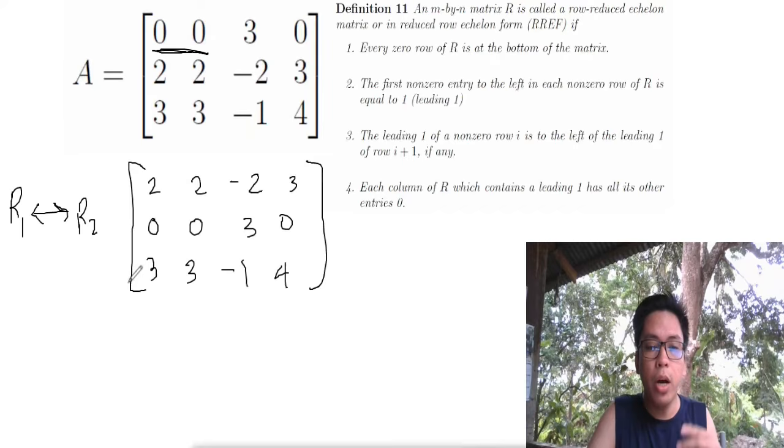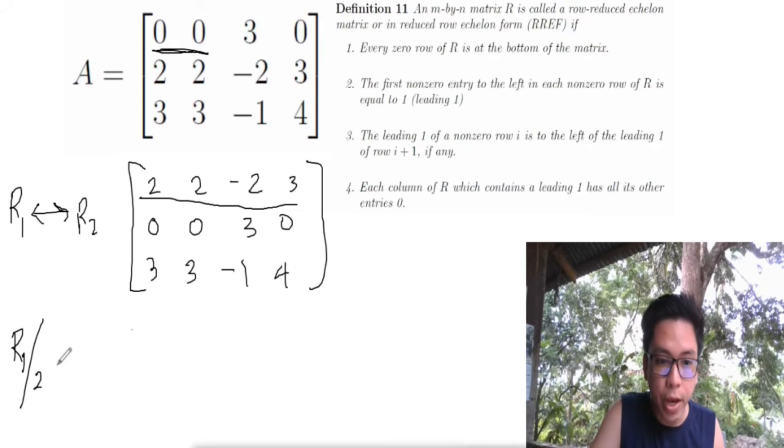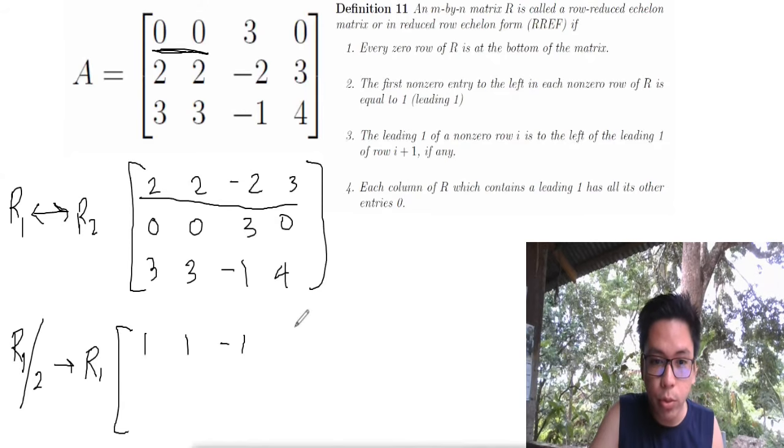Now, the next goal is to simplify the first row. I'm going to divide R1 by 2, and that would be my new R1. So I'd have 1, 1, negative 1, 3 over 2; 0, 0, 3, 0; and 3, 3, negative 1, 4.